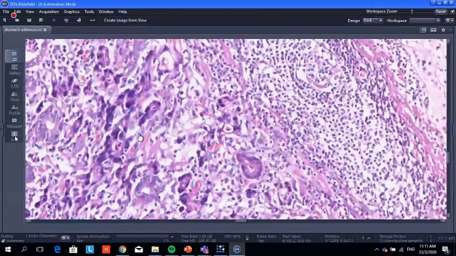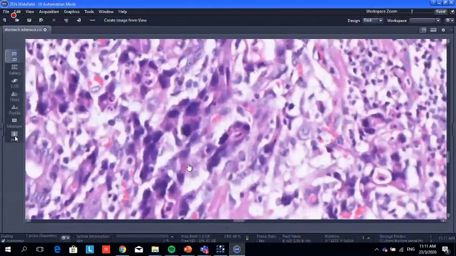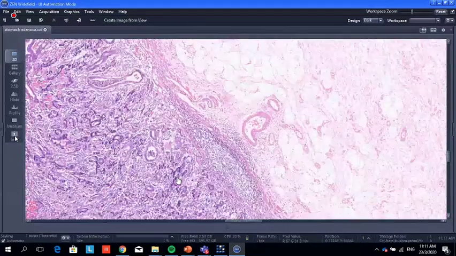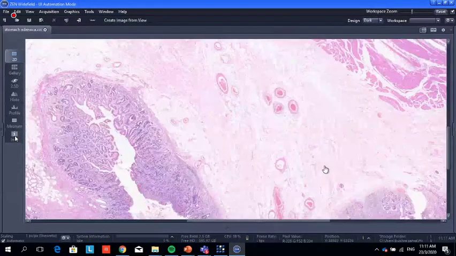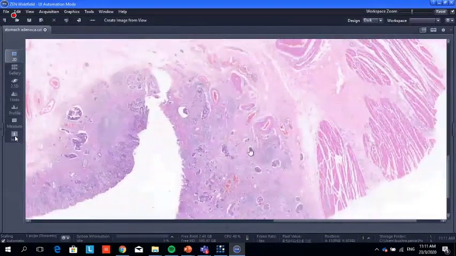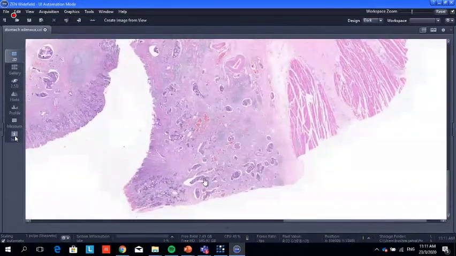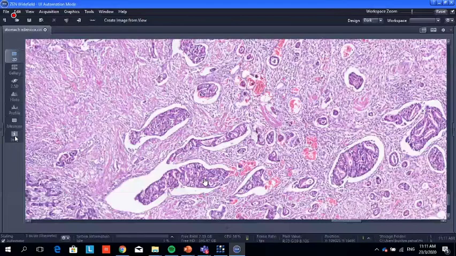The malignant already invading the surrounding tissue, isn't it? And also look here. Can you see the malignant gland?